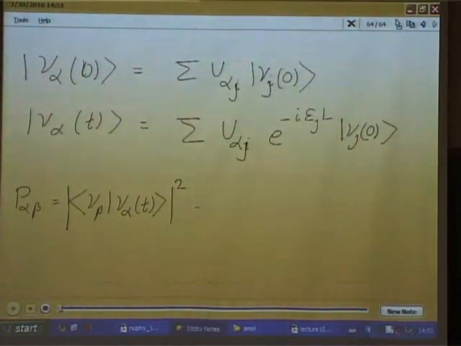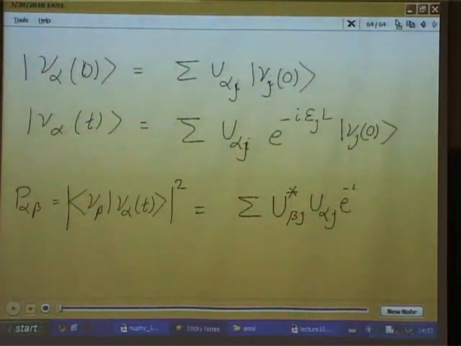And I know how to do that, which is just a summation. Since it's mu beta, this is going to be u star beta j times u alpha j, e to the power minus i epsilon j times n. That's it.